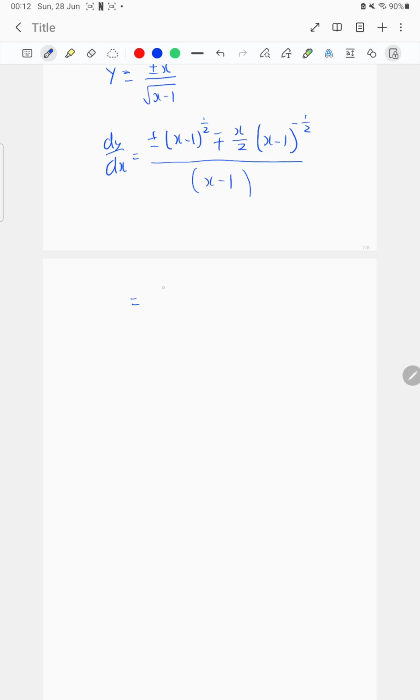Because we divide by x minus 1, this is plus or minus x minus 1 to the power of a half minus 1, because you're dividing by x minus 1, so you subtract the powers, so a half minus 1 is negative a half, and then minus or plus x over 2, and again negative a half minus 1, that's minus 3 over 2.